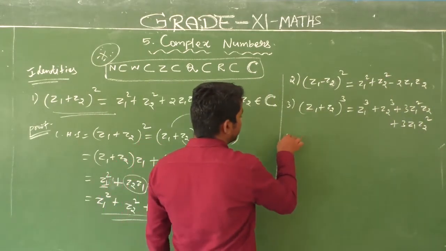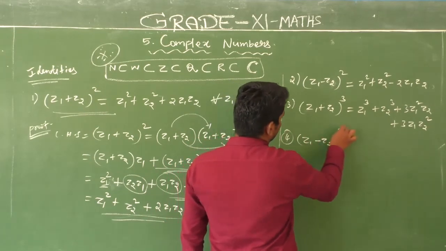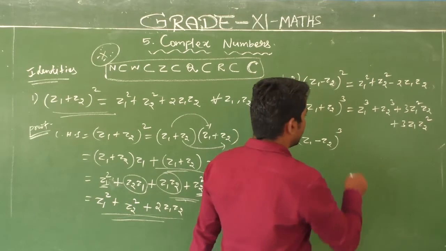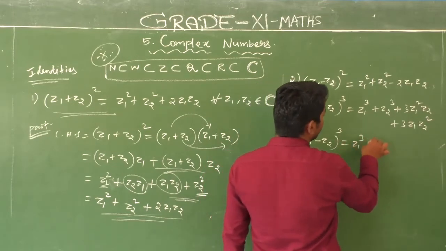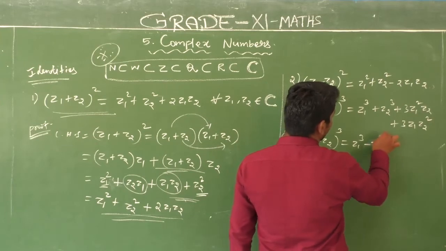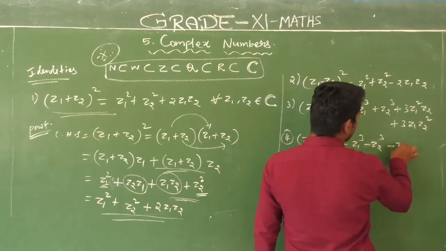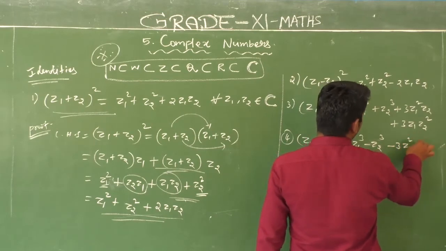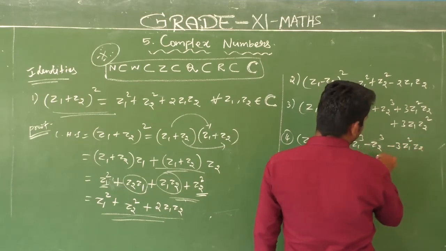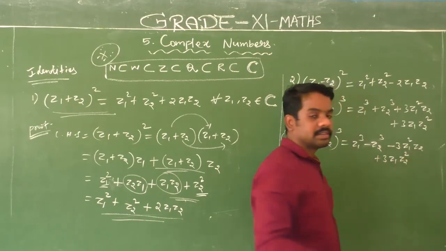Right, fourth one, Z1 minus Z2 whole cube, is equal to Z1 cube, here minus, so minus Z2 cube, minus 3 Z1 square into Z2 plus 3 Z1 into Z2 square.